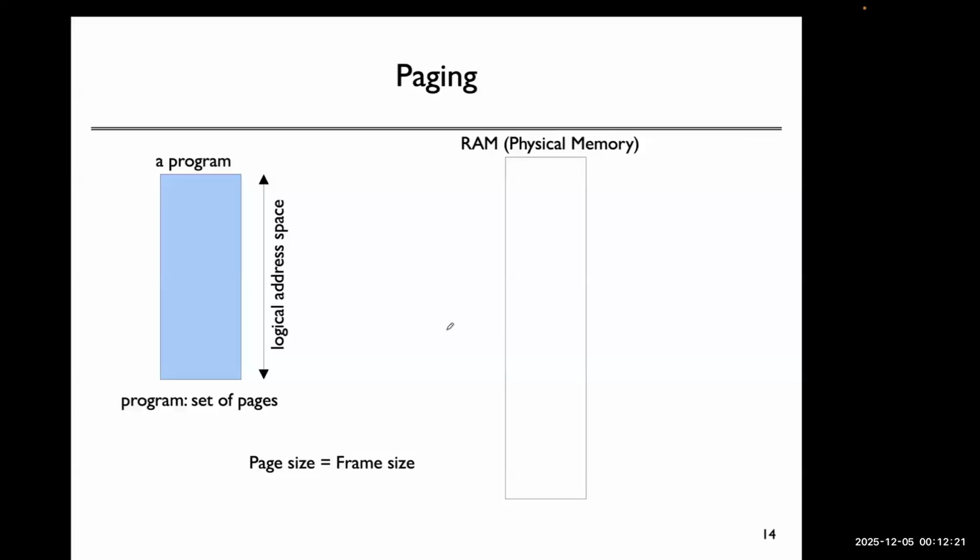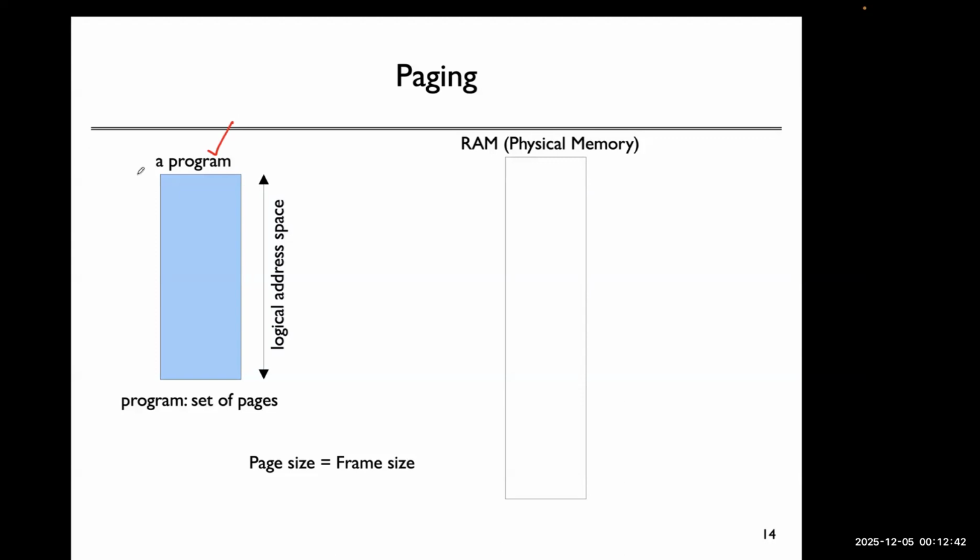So how does paging work? Let's say you have a program, right? What you do is that you divide the logical address space of the program into pages. So what do you mean by logical address space?